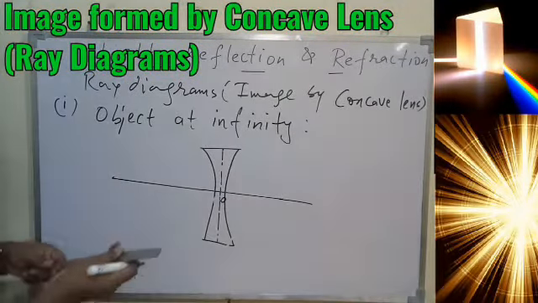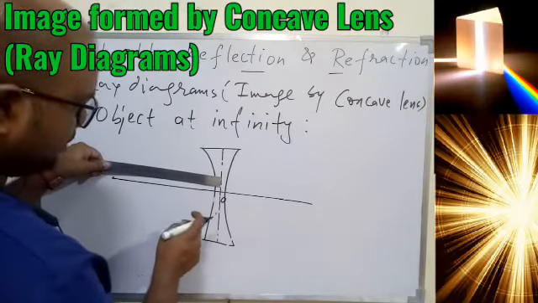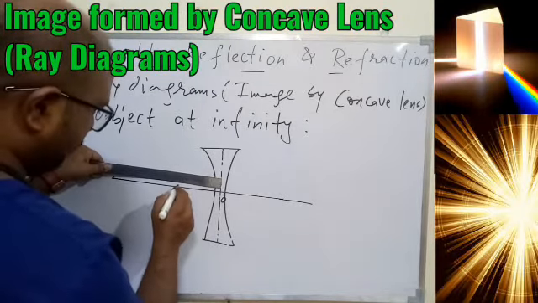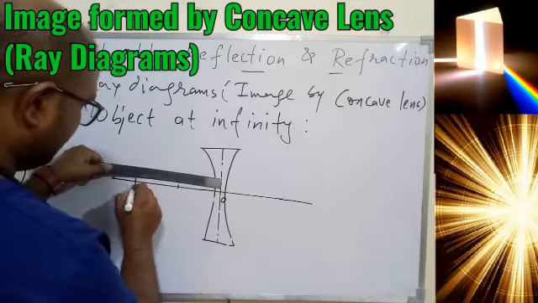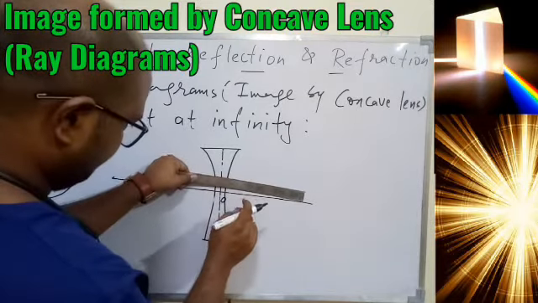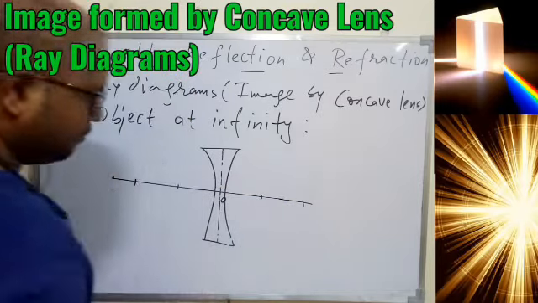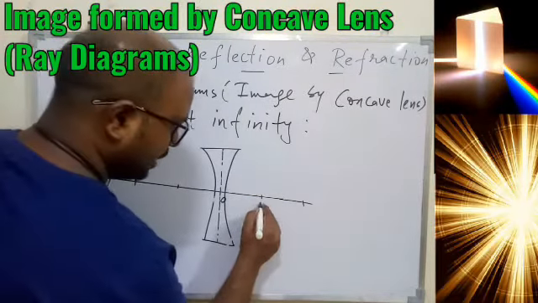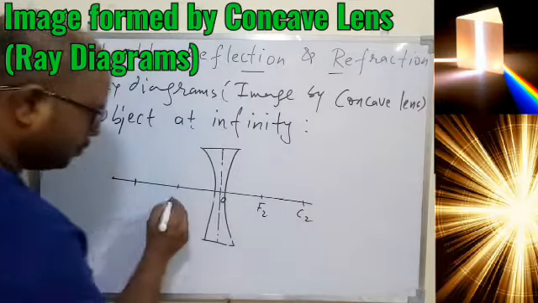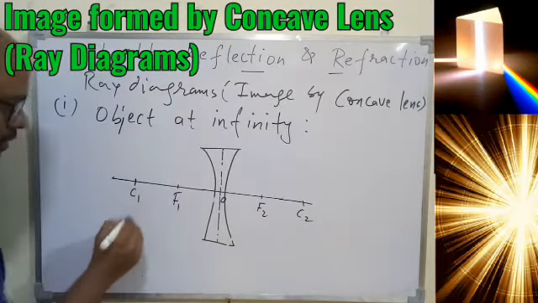We have to take equal divisions. Things will not change, they will remain the same, but the only thing is, since the lens is different now, some rules are different, that we have understood. So this is my F2, C2, F1, C1.